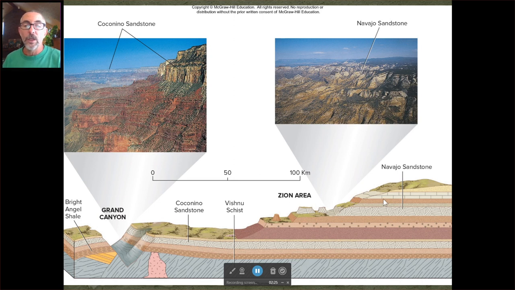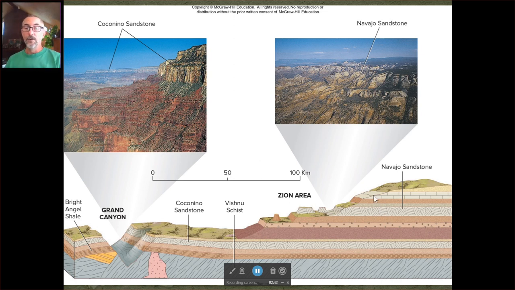However, when you zoom out and look at the whole region of southern Utah and northern Arizona, we see that actually the Zion is much higher up in the section than the Coconino is. So the Zion is actually much younger than the Coconino.